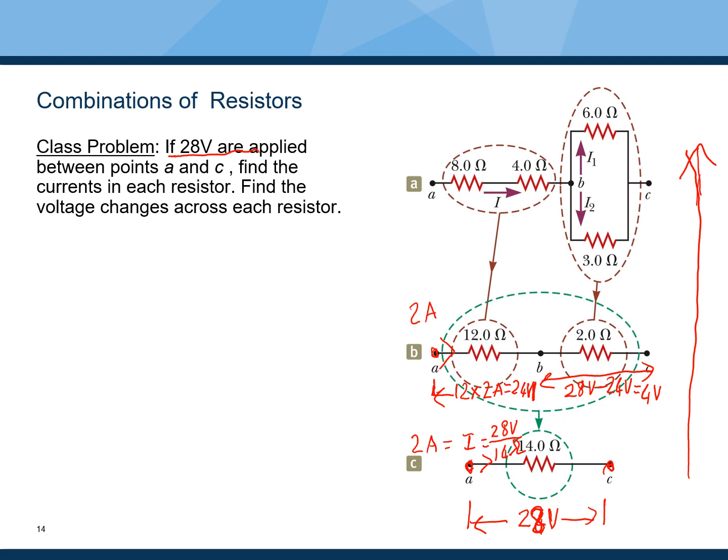Okay, so to bring it back, we have 24 volts between this point and this point. Okay, and we have another 4 volts between points B and C. So we have 4 volts across here.